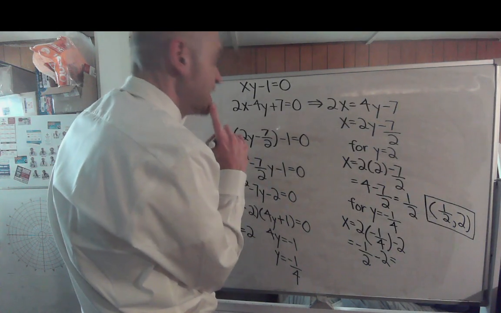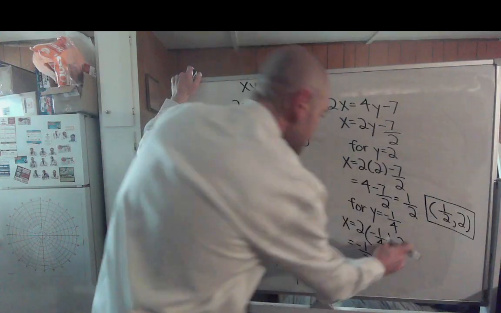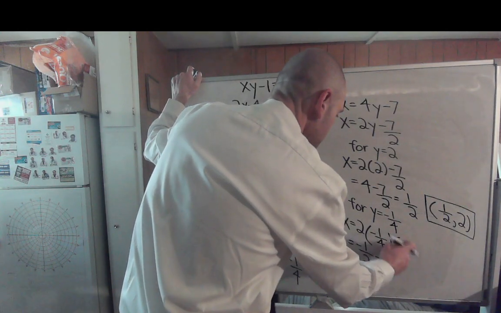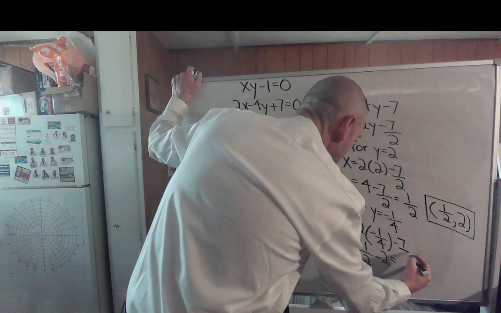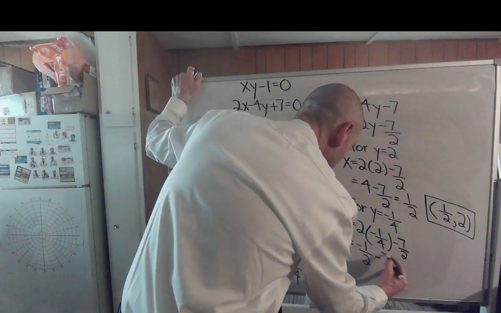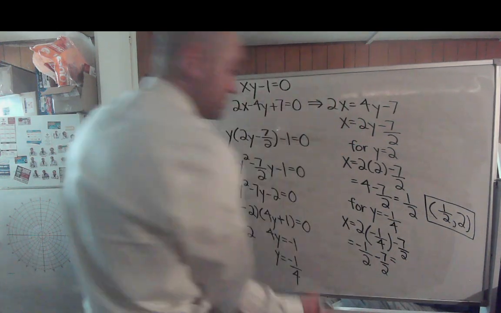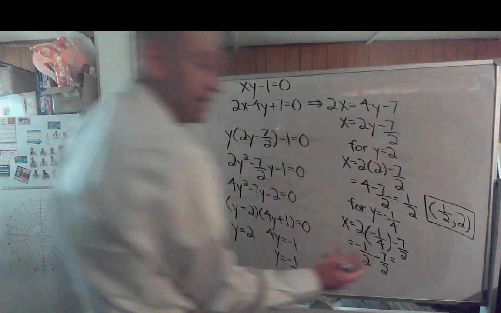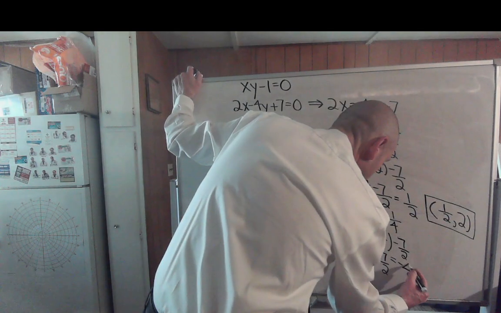It's minus 7/2. Where the heck am I getting 2 from? Excuse me. I knew something wasn't right. Oh boy, alright. So negative 1/2 minus 7/2, that's negative 8/2, which is negative 4.